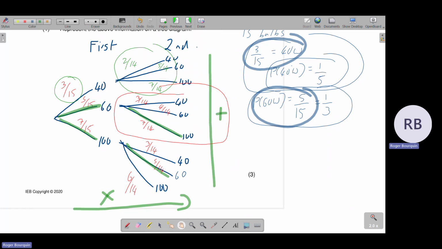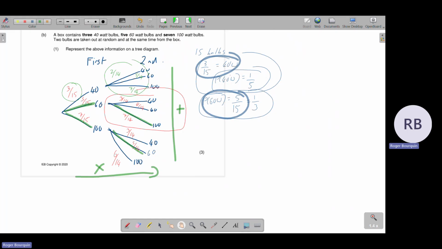So basically, what you're saying is the probability of 160 watts could either be, you don't have to write this down, 60 and then 100, or 100 and then 60, plus the probability of 160. Does that make sense?